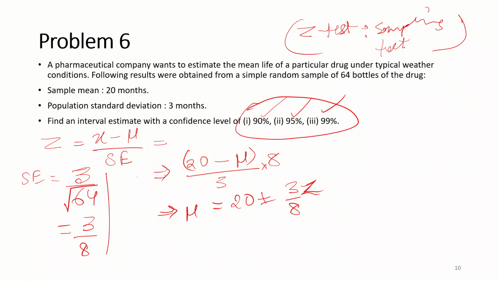The z values are 1.65 for 90%, 1.96 and 2.58.